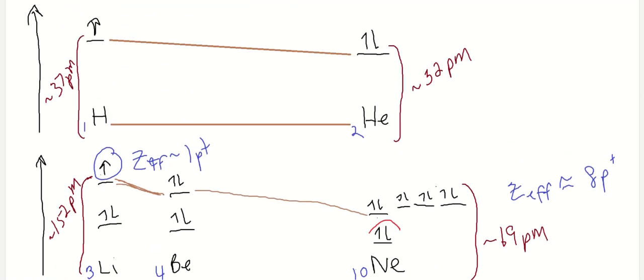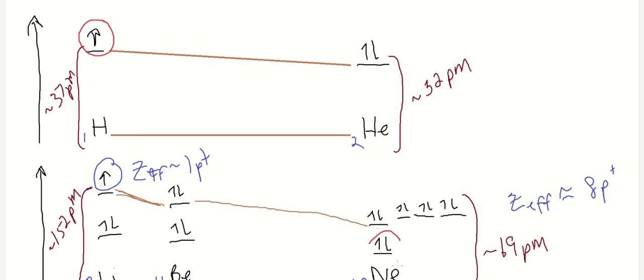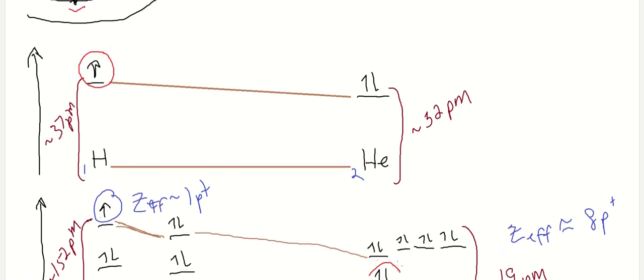Let's take a look at one other thing: first ionization energy. First ionization energy is the energy required to remove an electron from an atom in its gaseous state. So to remove this electron is going to require, what do you think, more or less energy than to remove one of these from helium? Well, helium's valence electrons are closer to what they're attracted to. It's going to be harder to remove helium's valence electrons than hydrogen's.